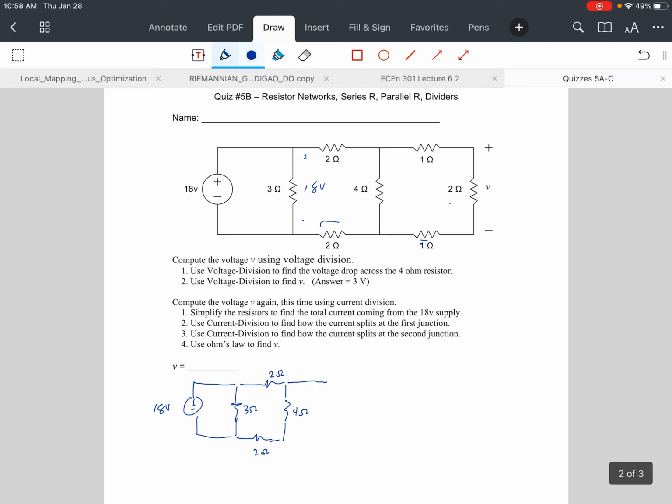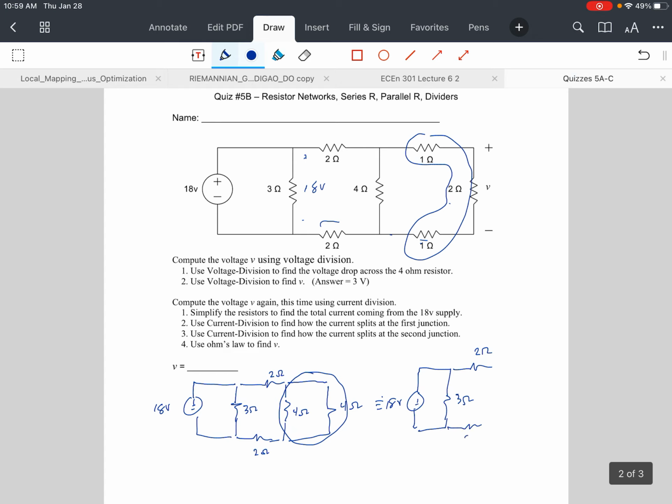All of this stuff is in series. These three are in series, so I will have another 4 ohm resistor. Now these two 4 ohm resistors are in parallel, so this is equivalent to the 18 volt source, then a 3 ohm, 2 ohm, 2 ohm, and another 2 ohm resistor there.